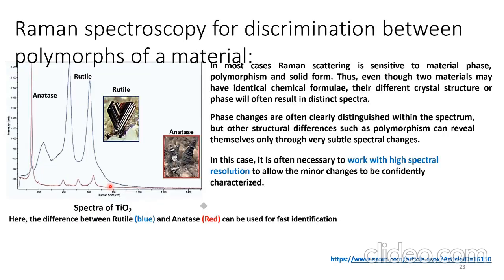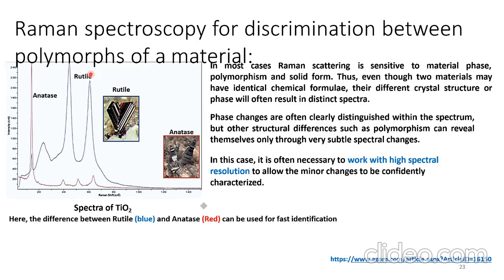And also for polymorphs, if different phases are present in a material, suppose this is for TiO2. Two different phases, anatase and rutile, are generally observed in TiO2.